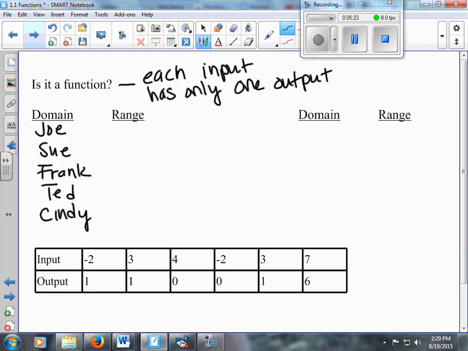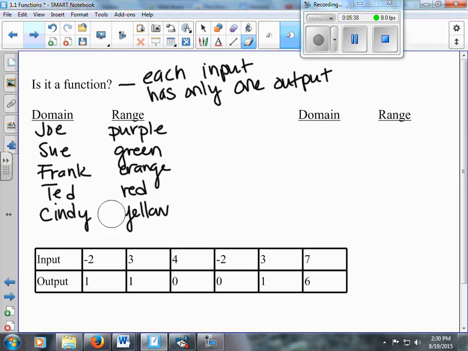So we have 5 people, and I'm going to give you some different colors over here: purple, green, orange, red, yellow. Well, let's just do 4 colors. Let's do red.